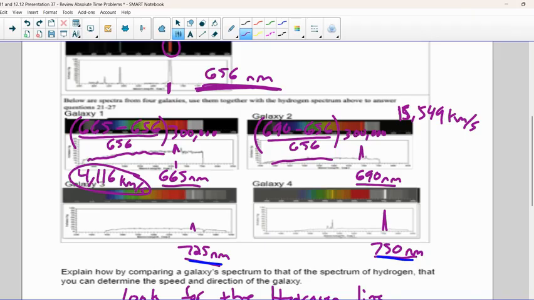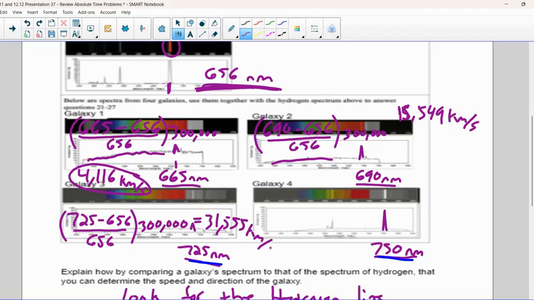If you're doing this in your calculator, make sure you hit equals after everything that you do. For example, when I do this next one, I'm going to have 725 minus 656. I should hit equals, which will give me 69. Then I divide by 656. I should hit equals, which will give me 0.105. Then I should hit times 300,000 and hit equals, and I'll get 31,555 kilometers per second.